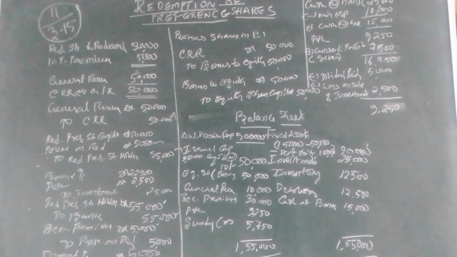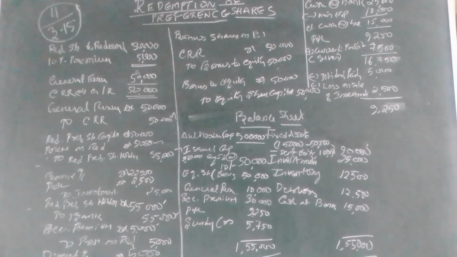There is a printing mistake in the question: 50,000 equity shares of rupees 10 each is given, whereas the amount is 50,000 only. So it is supposed to be 5,000 equity shares of rupees 10 each. That amount of equity shares is brought into the new balance sheet, and we have calculated the bonus issue.